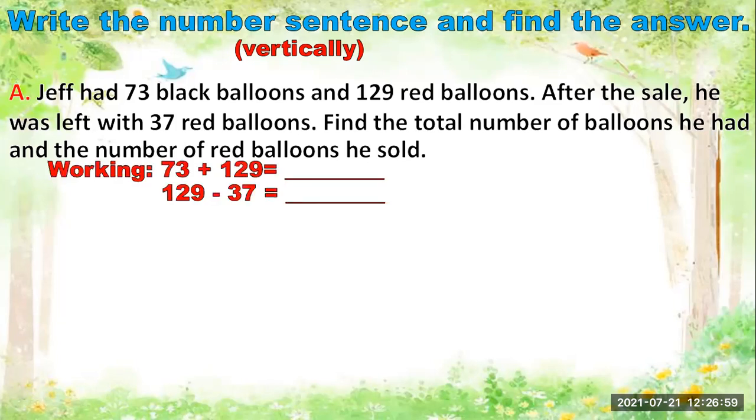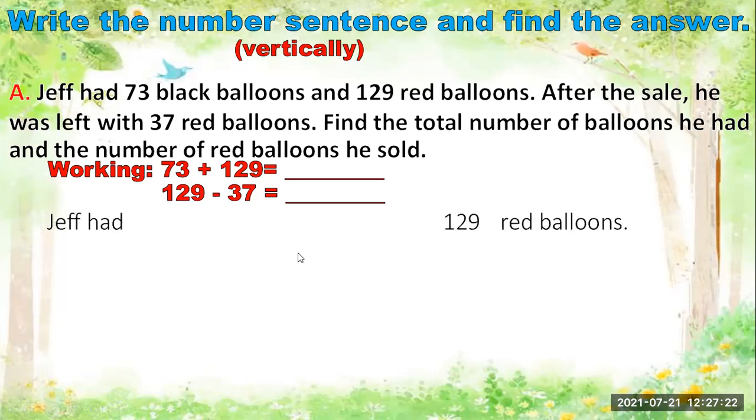We'll write here 73 plus 129 to find the total number of balloons that he had, right? And then to find the number of red balloons that he sold, we will subtract 37 from 129, because in question number 2, it's talking only about the red balloons.